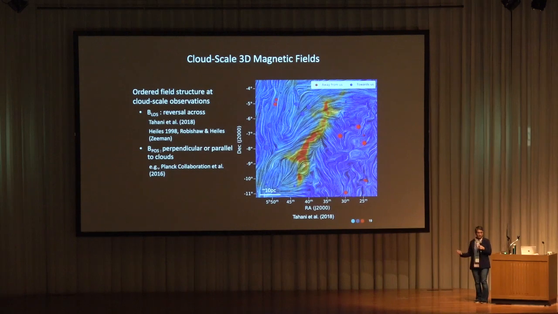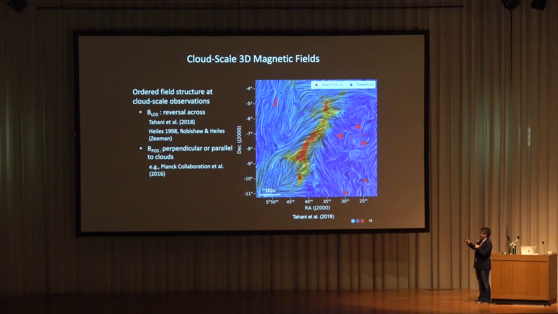For 3D magnetic fields, we need plane of sky and line of sight magnetic field observations. Both line of sight and plane of sky magnetic fields on the scales of clouds have been shown to be somewhat coherent and have an almost ordered component that we can associate with magnetic fields.